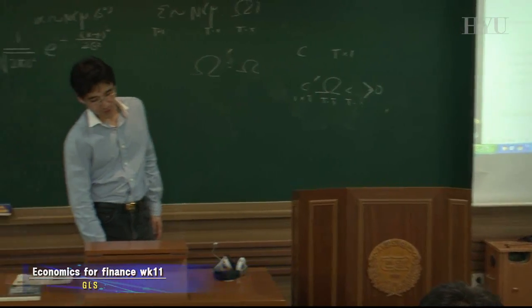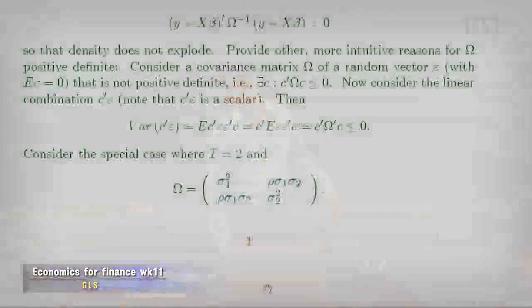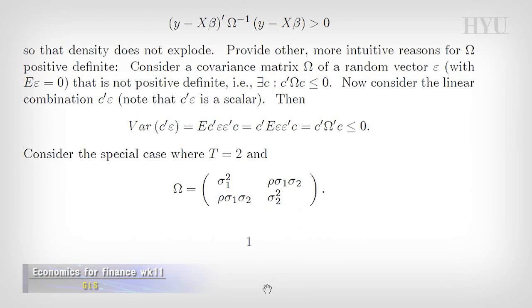Now consider a special case when T is 2, so we have two observations. Omega looks like sigma 1 squared, sigma 2 squared on the diagonal, and the off-diagonal term is rho sigma 1 sigma 2.